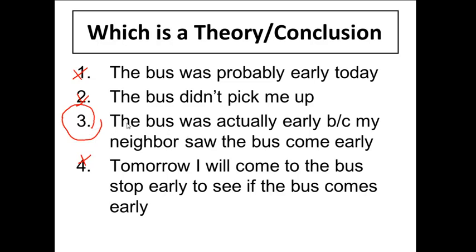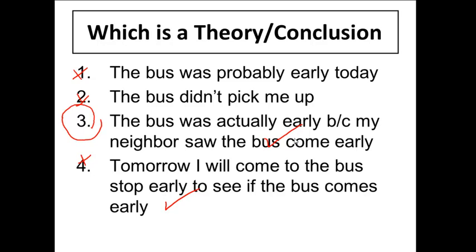It's that the bus actually was early because my neighbor actually saw it come early too. So you probably went there and did an experiment and said, yes, the bus came and picked me up early. In the choices that I have given you here, though, the bus was actually early because my neighbor saw it come early. That's going to yield some information for us. It's going to give us some valuable data that we can use in our scientific method.